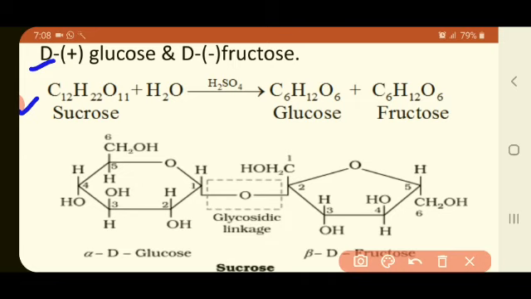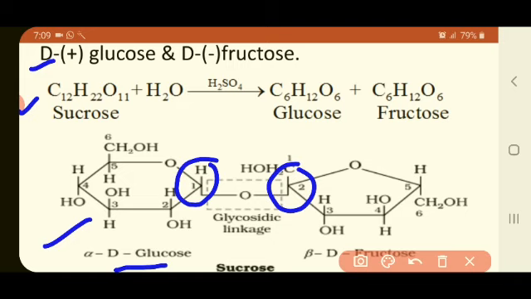Now how is the structure? Just see here, this is alpha D glucose in the form of pyranose ring, whereas this is beta D fructose in the form of furanose ring, that is 5-membered ring. Now in this you can see, the first carbon atom of glucose links with the second carbon atom of fructose.